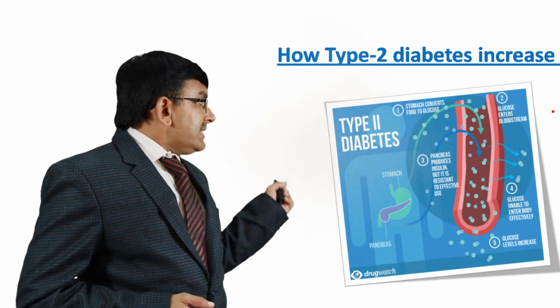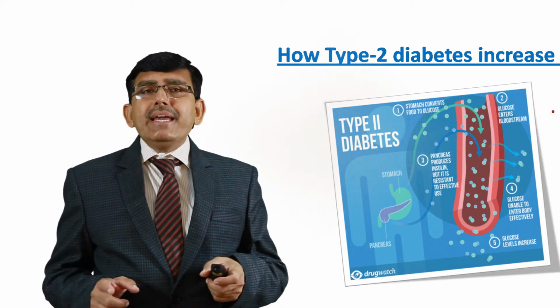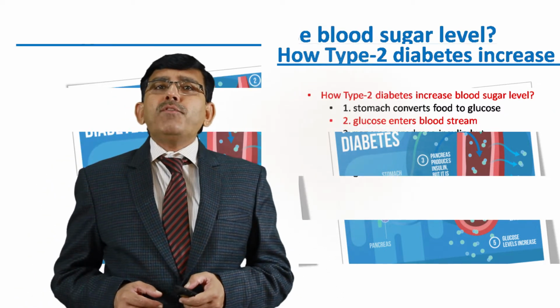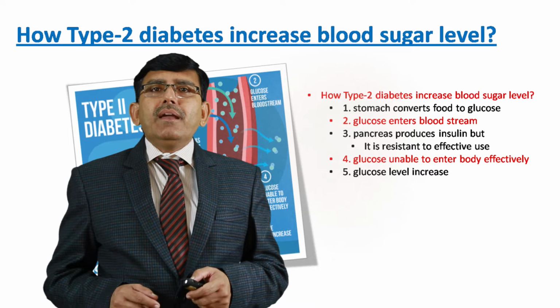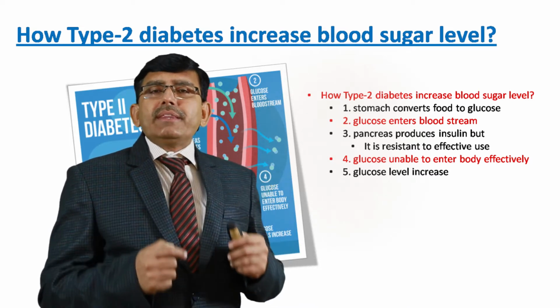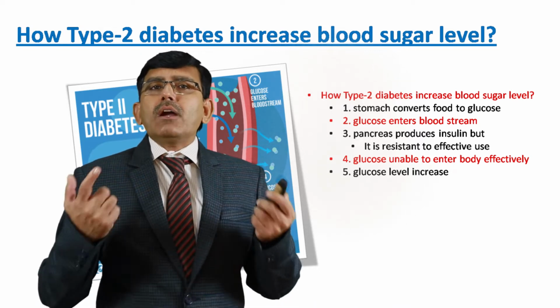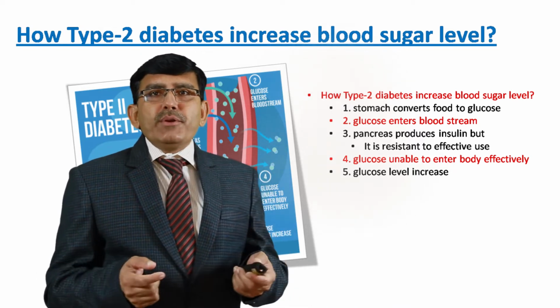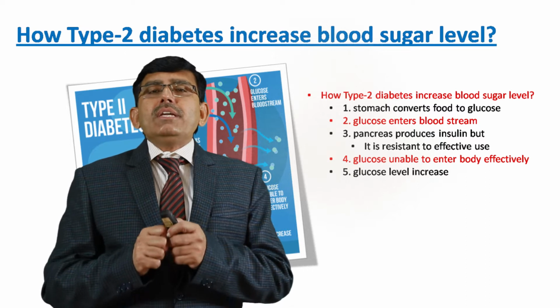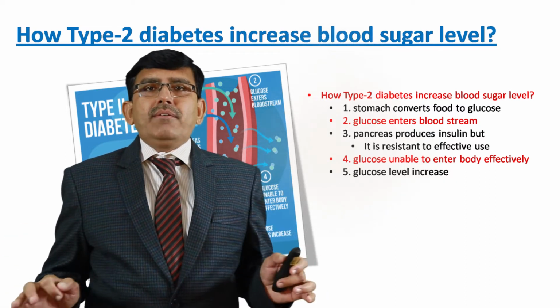Whereas in this slide it has highlighted the same process for type 2. It starts with intake, goes into the stomach, releases glucose, the pancreas produces insulin, but it is not effective.